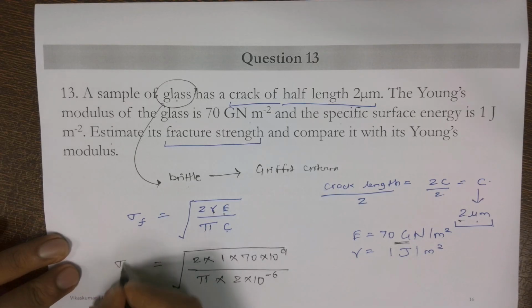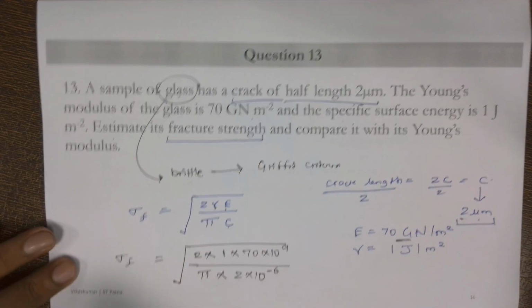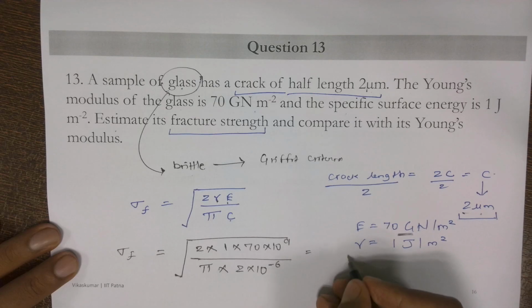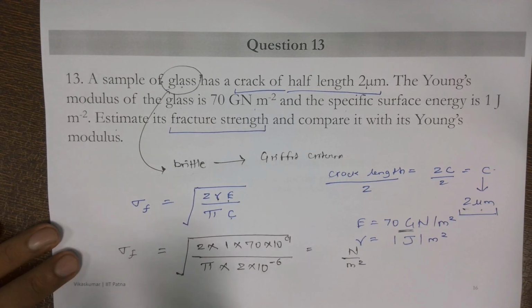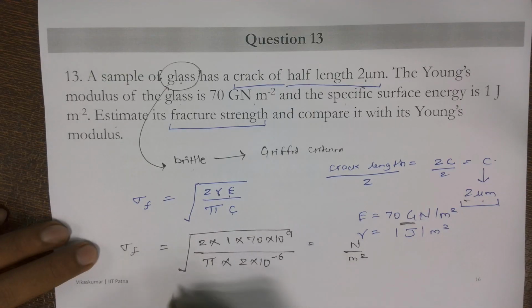What will be the unit of the stress which we will get? The value will be in the Newton per meter square. Can we easily solve this? Let's try to do that.